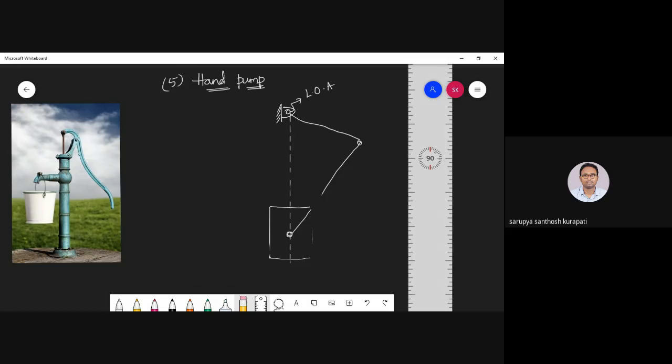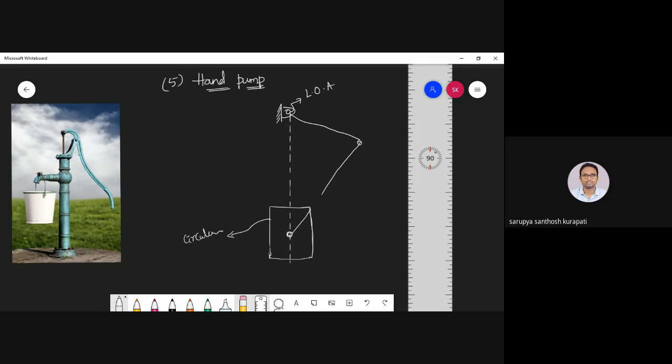I'm considering only the slider. So basically the slider, what is the cross section here? Circular. It is a circular cross section. So what I'm going to do is drill it. I hope you know the function of drilling. Drilling is nothing but making a hole.